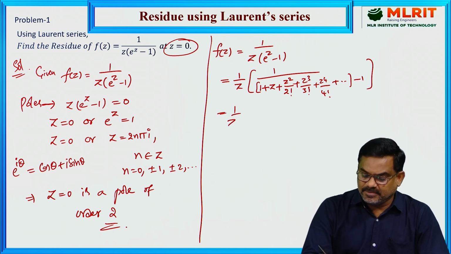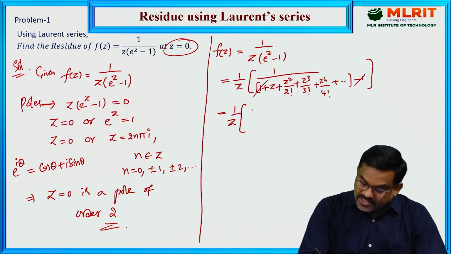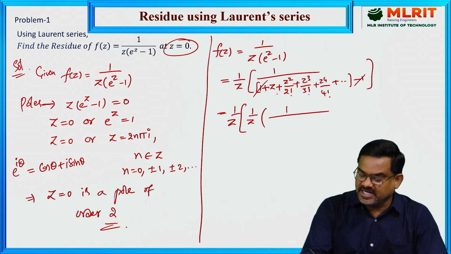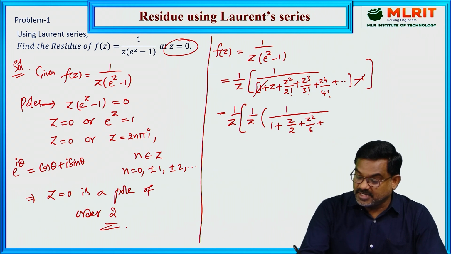By simplifying, the 1 and minus 1 get cancelled. Then taking z common, we get 1 by z into 1 plus z by 2 plus z square by 6 plus z cube by 24 plus so on.